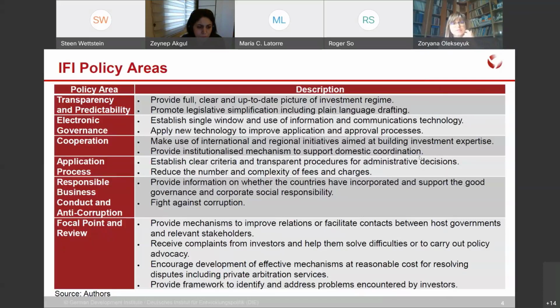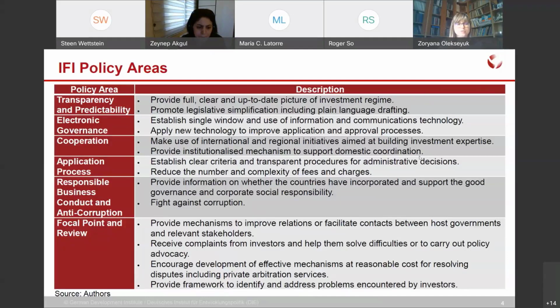The electronic governance policy area is definitely about communications technology. That's the creation of a single window, very similar to trade facilitation. Cooperation refers to cooperation and coordination not only on the regional and international level, but also on the domestic level, meaning coordination between different agencies involved in the process.